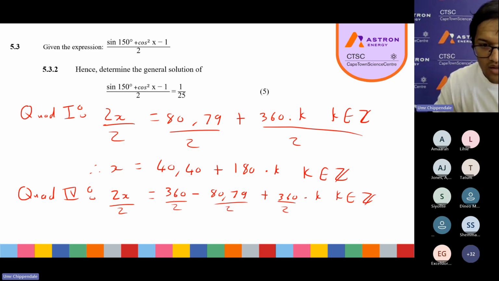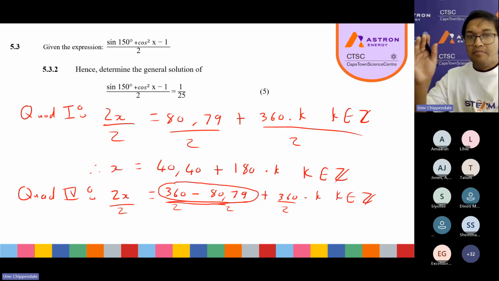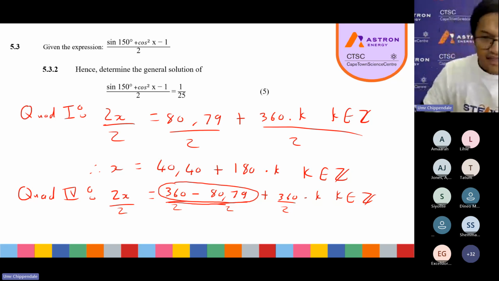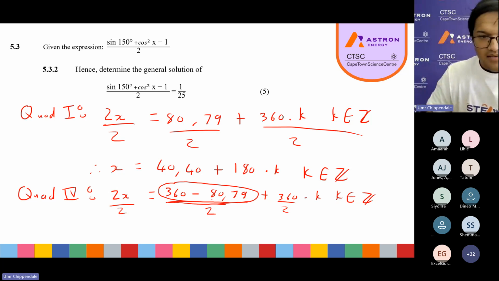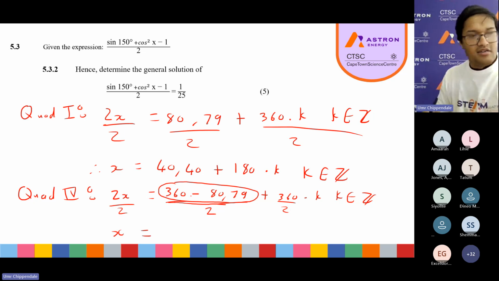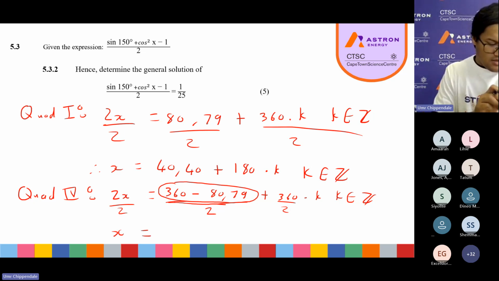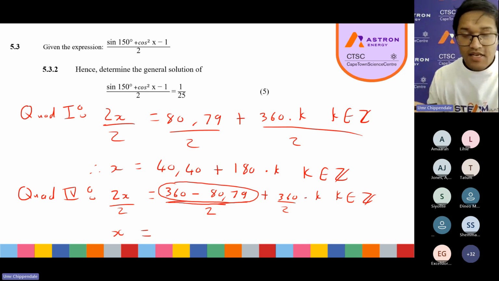But not to get confused, rather first do this as a sum on its own. So say 360 minus 80.79, and then you divide that answer by 2. So rather do it that way. So in that particular case, you'll get your answer as x is equal to, let's just type it in just to be sure, 360 minus 80.79, that is equal to 279.21.